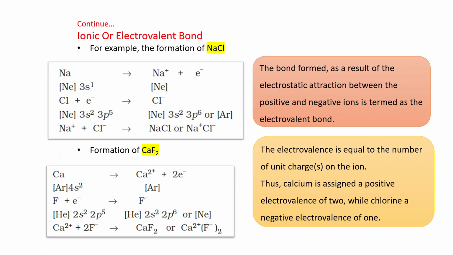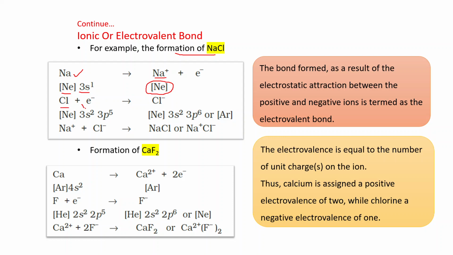Now let us see some examples. First one is the formation of sodium chloride, NaCl. Na, with electronic configuration [Ne] 3s1, outermost shell 3s1, loses one electron and converts into Na+ ion. This Na+ ion has an electronic configuration similar to noble gas neon.